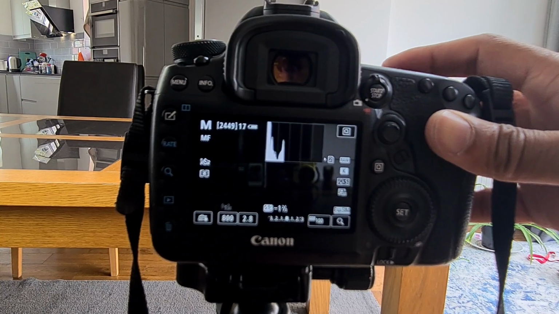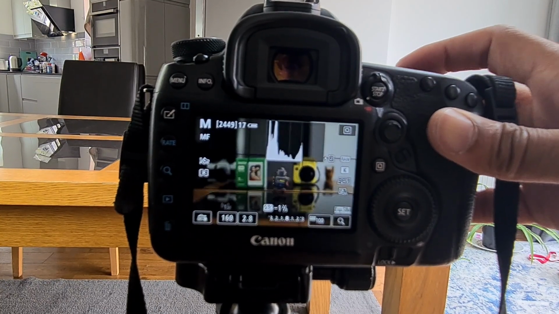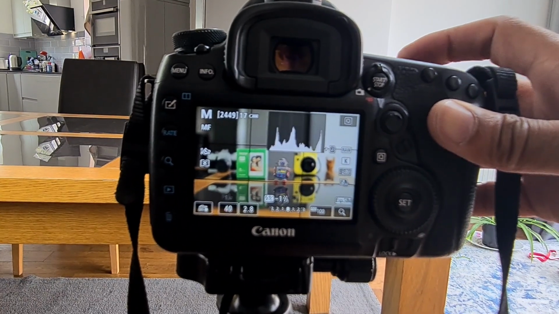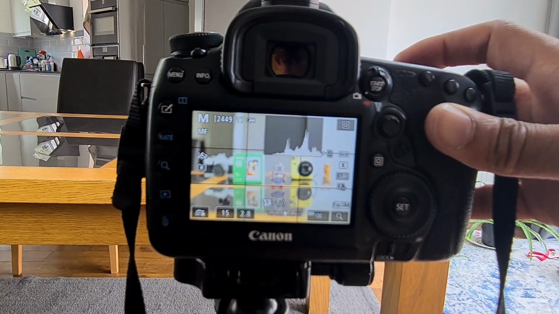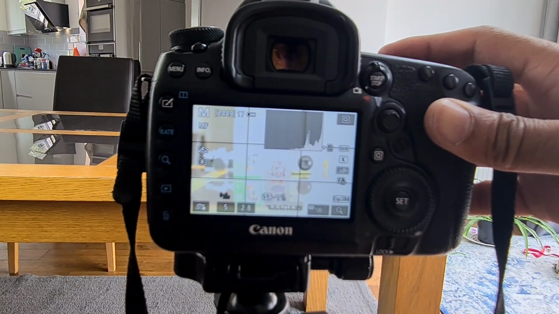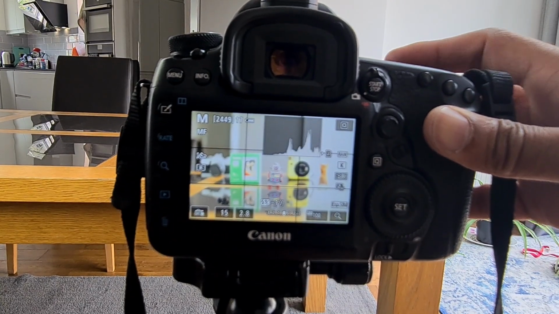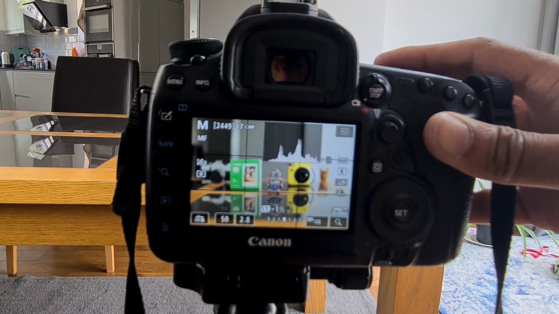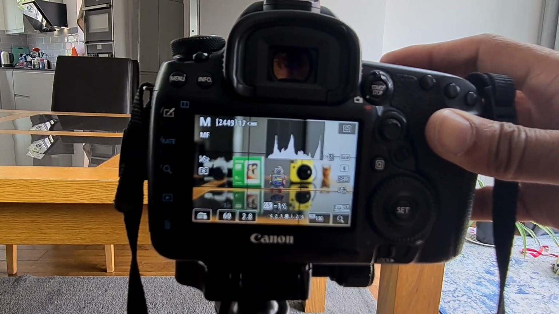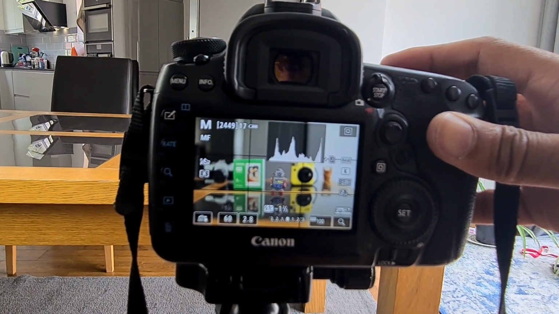Now, if we make our shutter speed slower, allowing more light to enter our camera and hit the sensor, we can see that the data is now moving to the right-hand side, showing us that more light is hitting the camera sensor and that we will have a brighter image. What we want is all the data on the graph and nothing to be cut off left or right. The histogram is now telling us that we have correct exposure for the image.